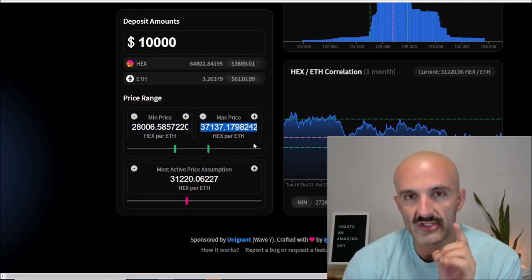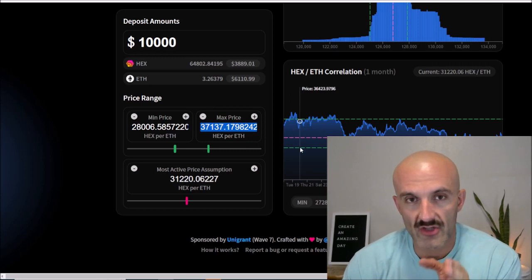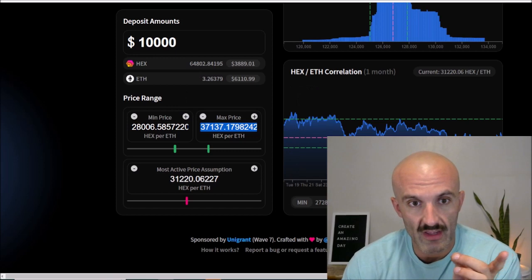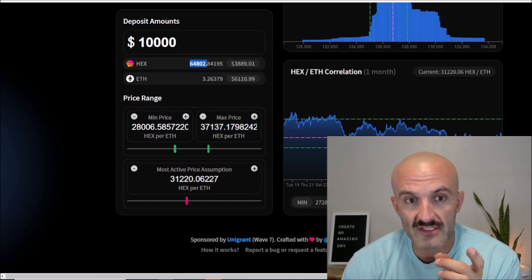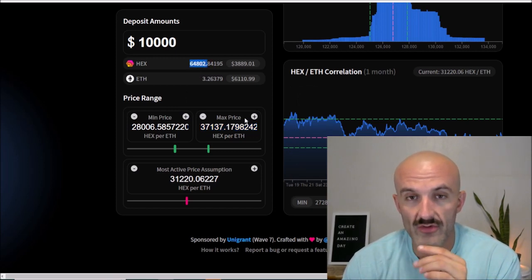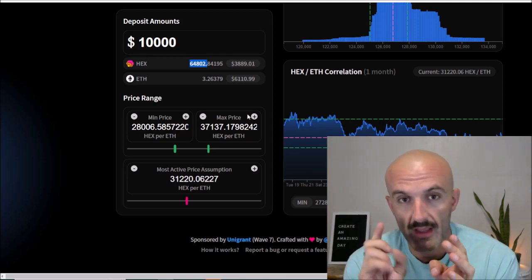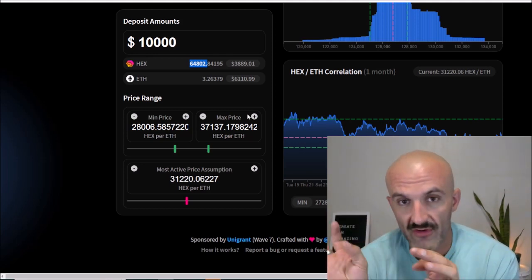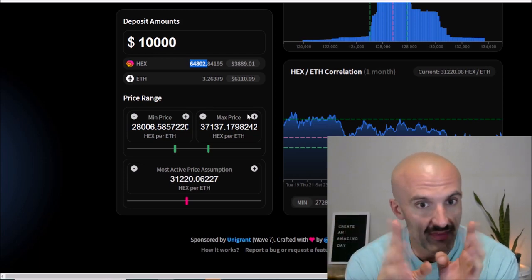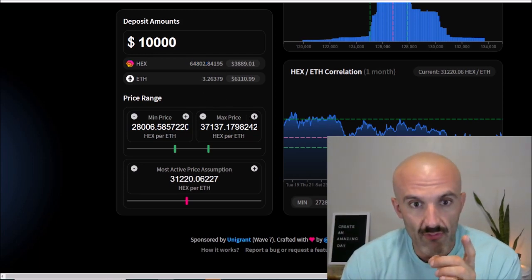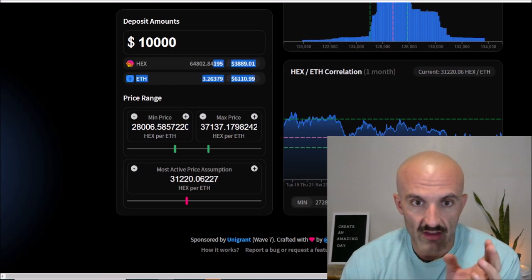We need to convert some of our 166,630 hex to ETH. Well, we need to leave 64,800 hex. So we take 166, blah, blah, blah, minus this and convert that to ETH. Then we have the amount that we need, 3.26 roughly.